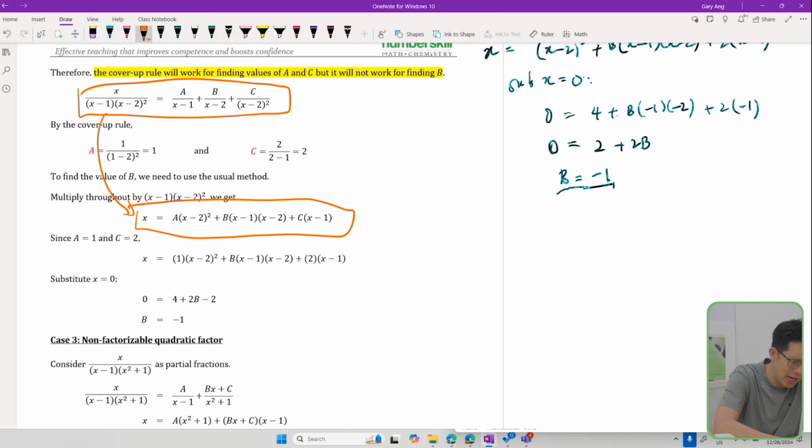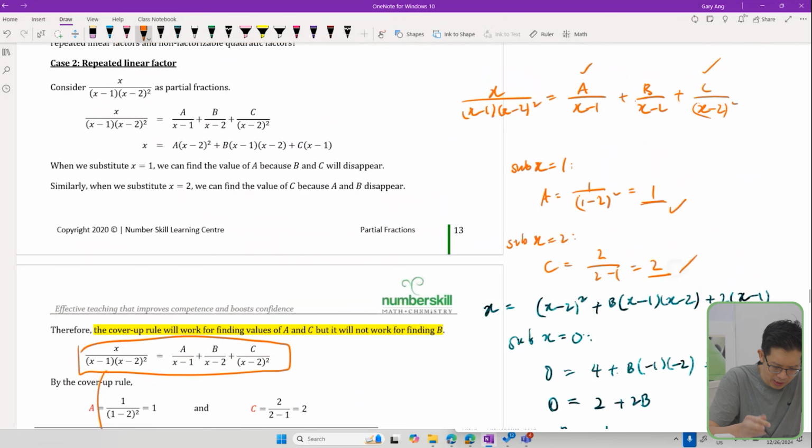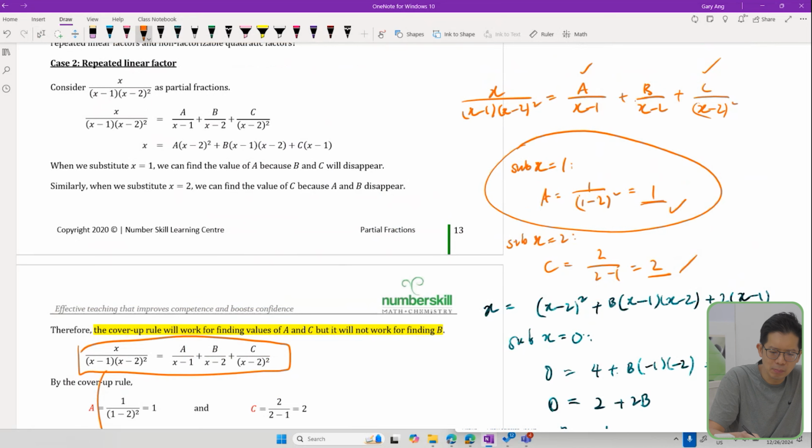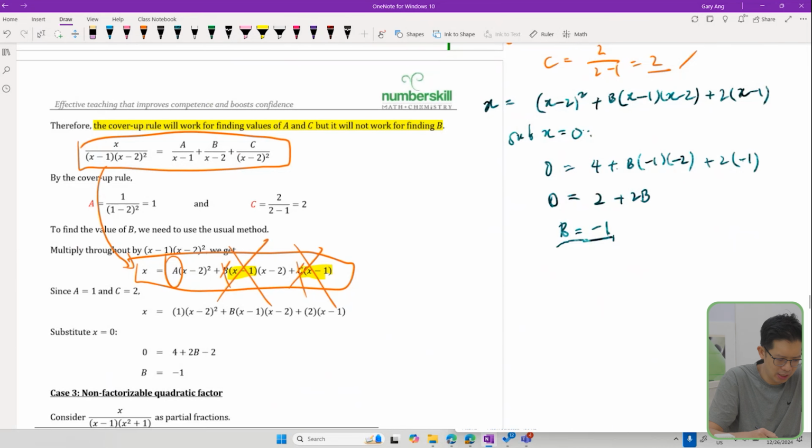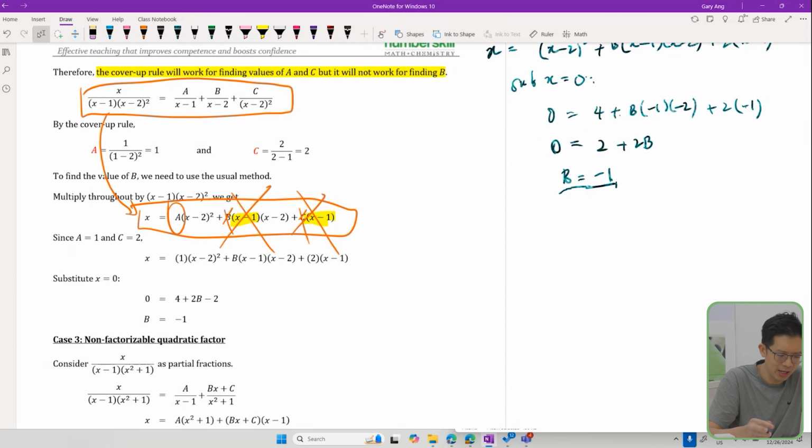To find A, I need to get rid of B, and I need to get rid of C. And that is not very difficult because there's an x minus 1 here, and there's an x minus 1 here. So the obvious choice is to let x be 1. When x is 1, this is gone, and I find A. That is exactly what's happening here when x is 1. So I'll be able to find A, which is how the cover-up rule works, and that's why it works for A.